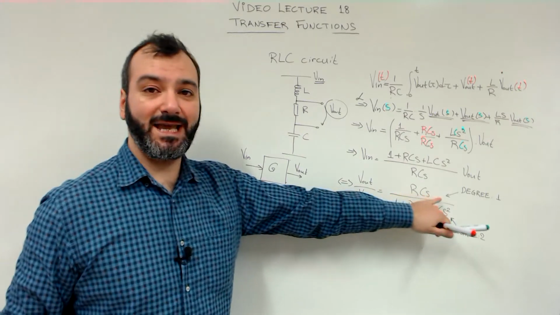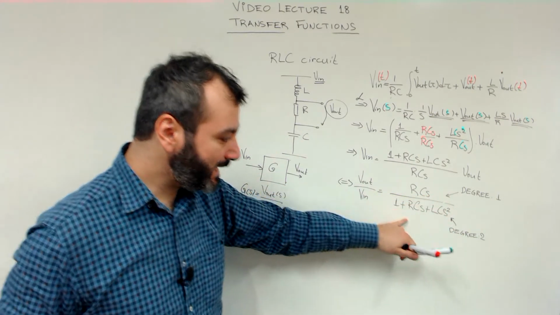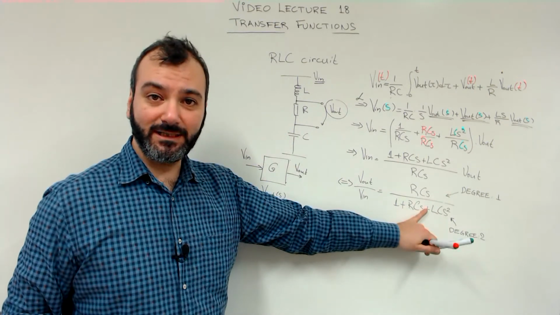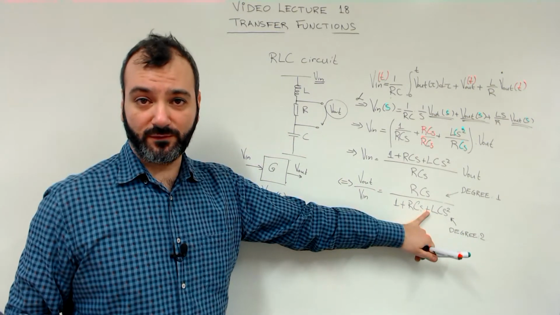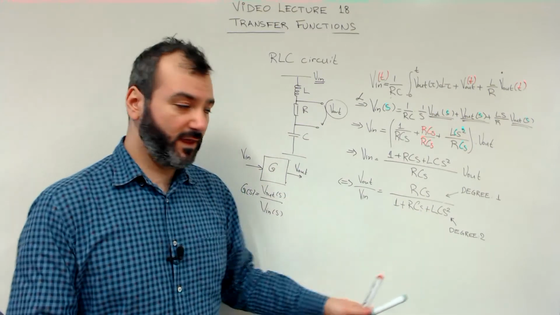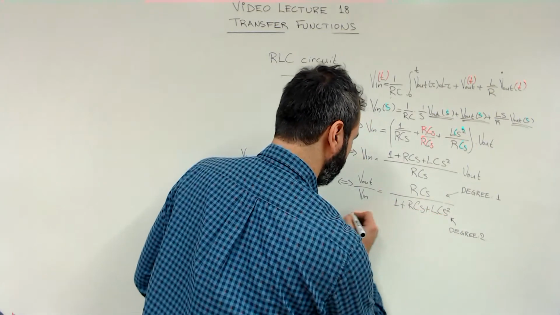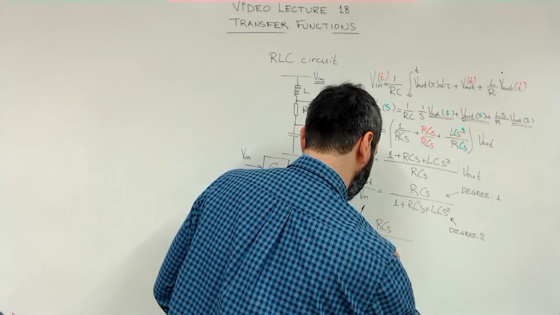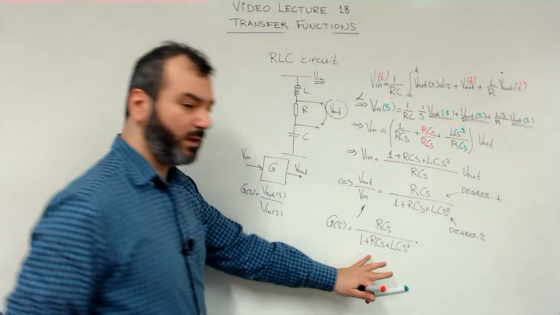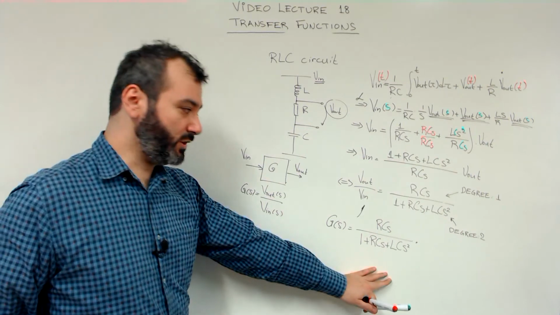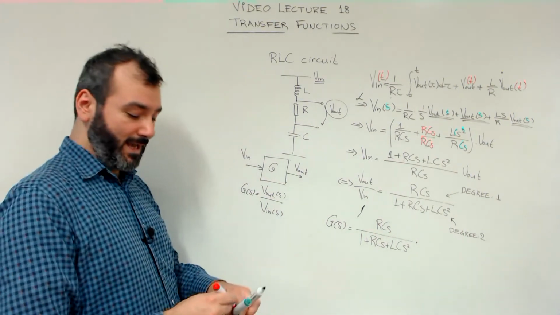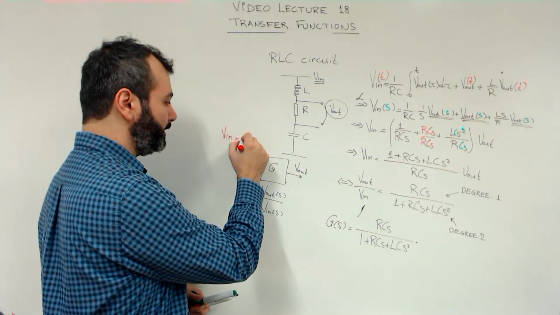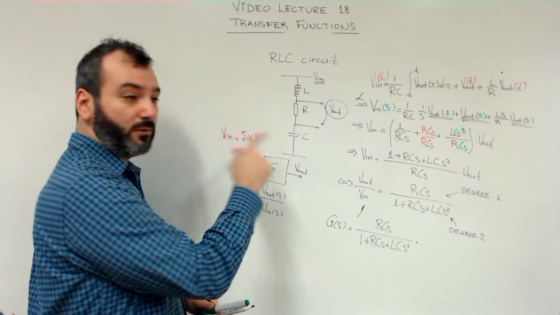By rearranging the terms, we have obtained this very simple expression. We have RCs in the numerator and a second degree polynomial in the denominator. Indeed, it is a strictly proper rational function, and we can do all sorts of things now with this function. Let's call this G(s) first of all. For example, we can ask what happens if the input is the Dirac function.